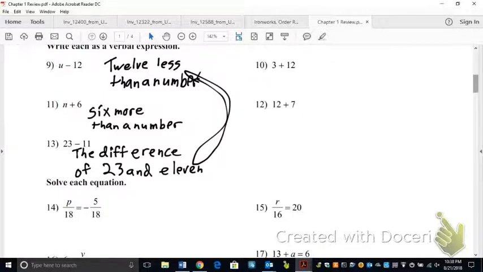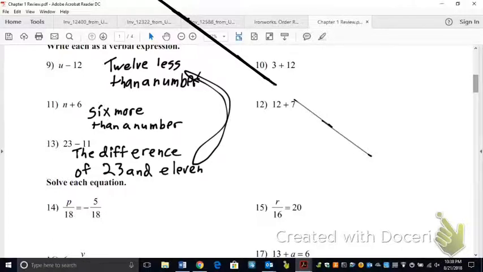So moving on to number 15, so we have r over 16 equals 20. We're solving an equation, so we want to isolate the variable. We want at the end it to be variable equals something. So here we have r divided by 16 equals 20. So to get that variable by itself, we want to do the inverse operation.